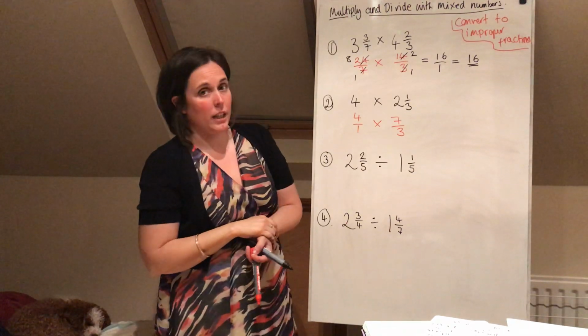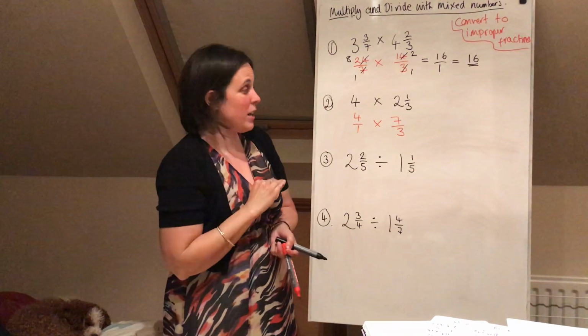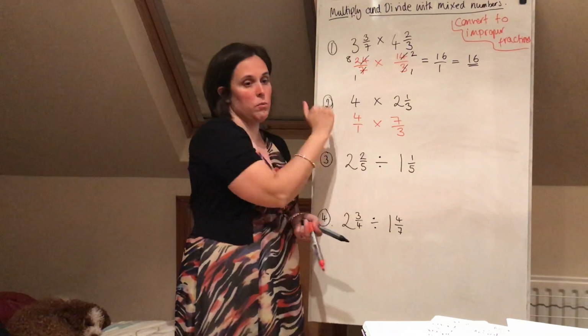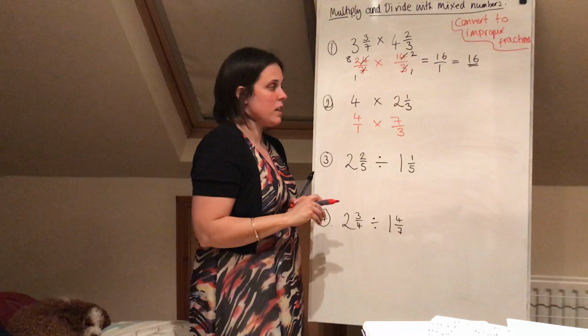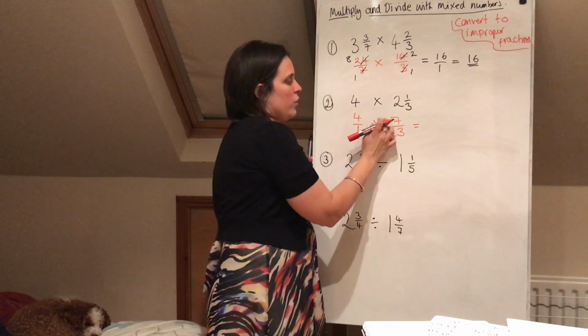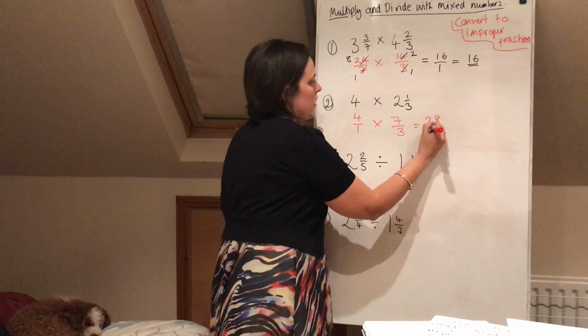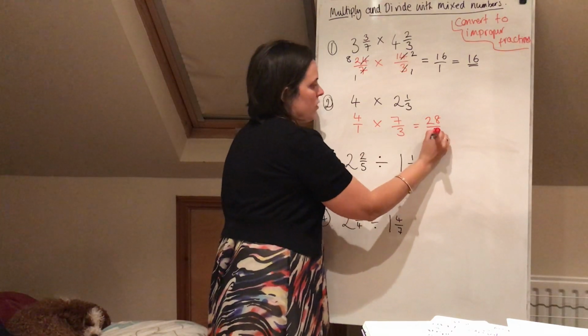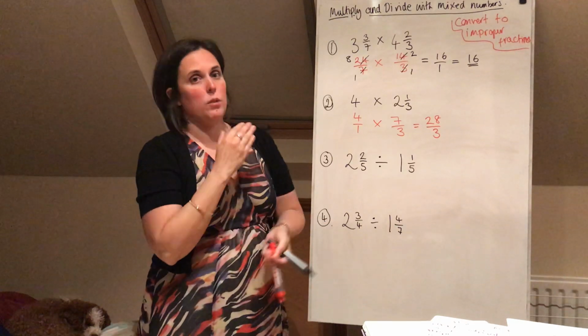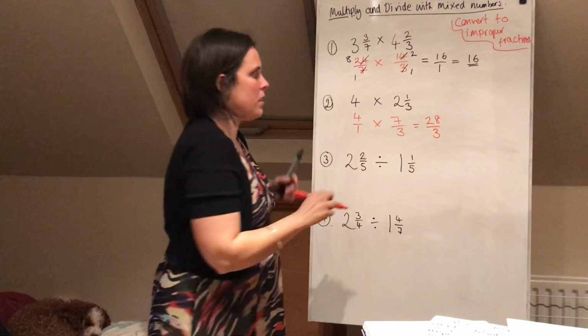Now we look to see if we can cancel anything, and in this case we don't have any common factors with the numerators or the denominators, so all we do is multiply across. 4 times 7 is 28, and 1 times 3 is 3. Now you don't leave your answer like that. That's an improper fraction that we need to turn back into a mixed number.